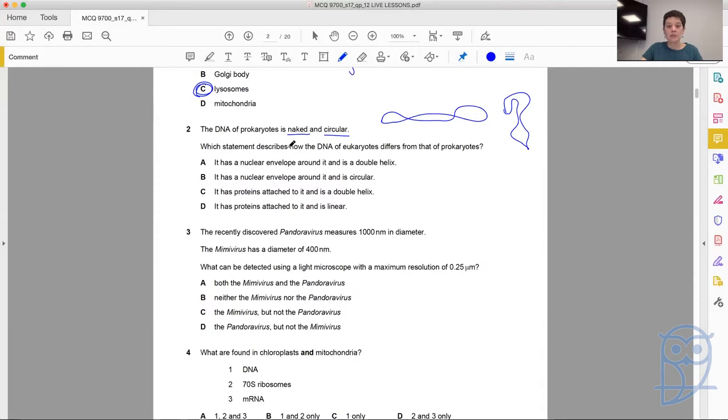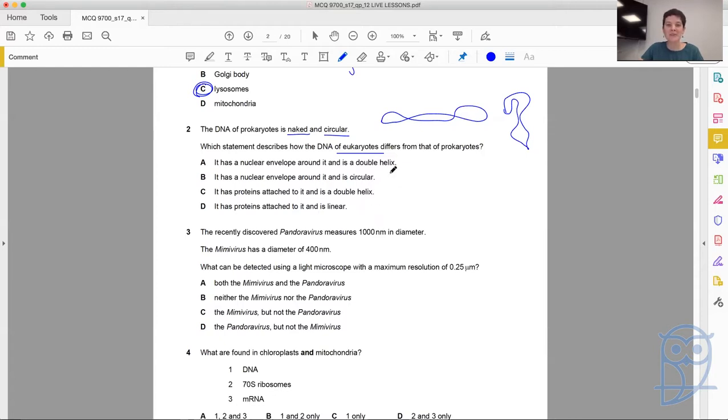Which statement describes how the DNA of eukaryotes, so now we have our true nucleus, differs from that of prokaryotes? It has a nuclear envelope around it and it's a double helix. It has a nuclear envelope around it and it's circular. It has proteins attached to it and it's a double helix. It has proteins attached to it and it is linear.